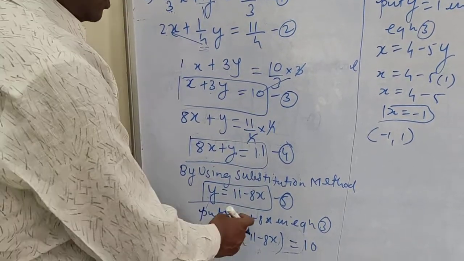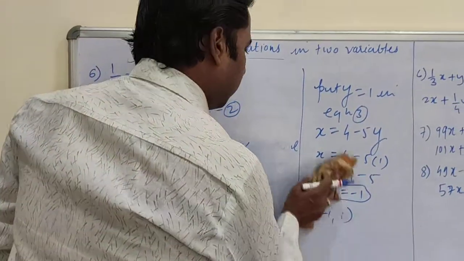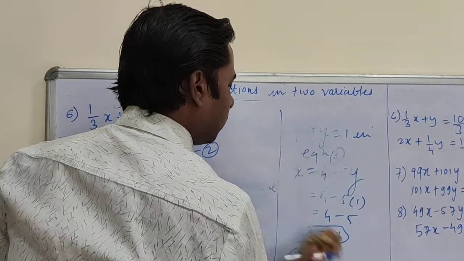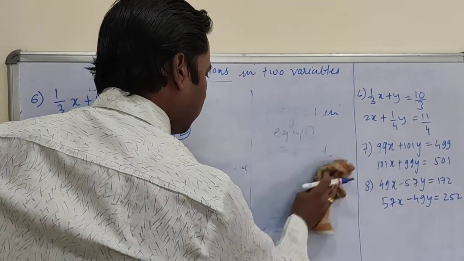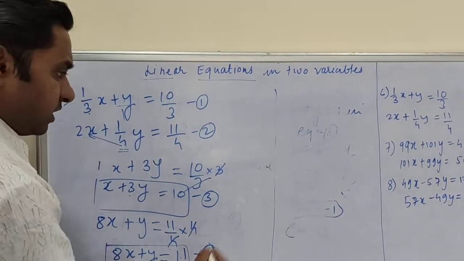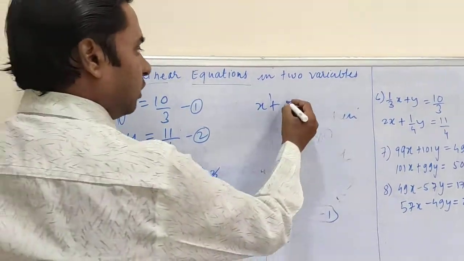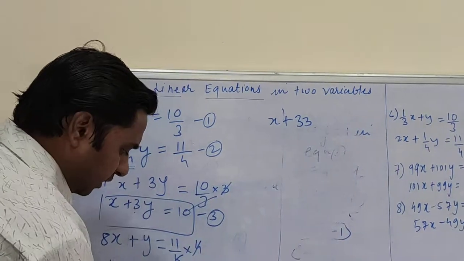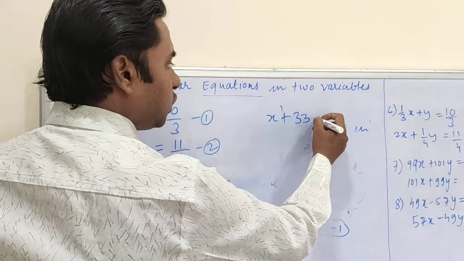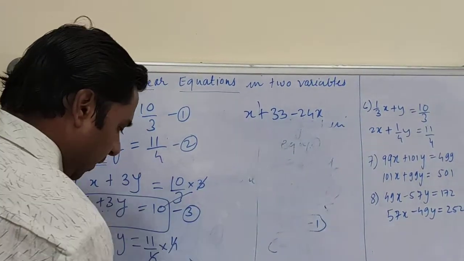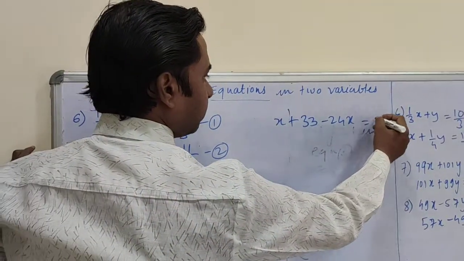Okay, now further we will simplify this. Now 3 11s are 33. 3 into 8, minus 24x, is equals to 10.